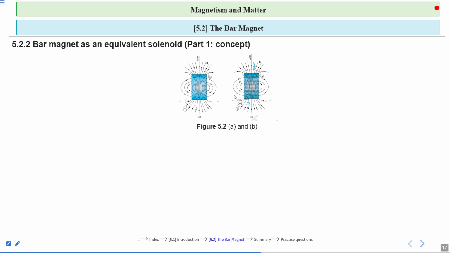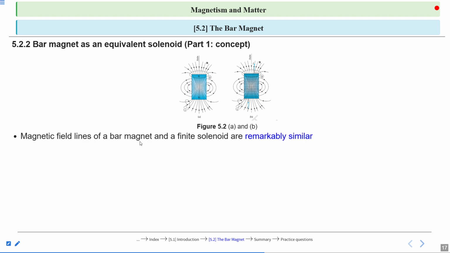Okay, so the magnetic field lines of a bar magnet and a finite solenoid are remarkably similar. So the pattern is similar. This suggests that a bar magnet can be modeled as a solenoid. So a bar magnet can be considered a solenoid also, because the pattern is the same for both objects.